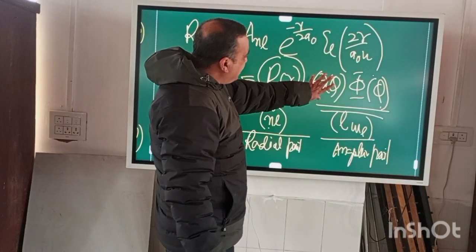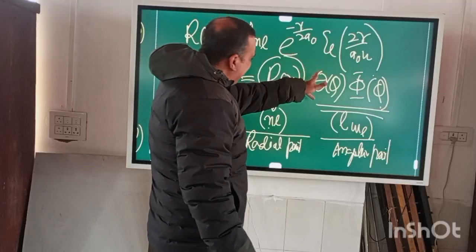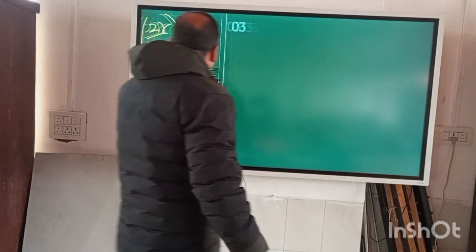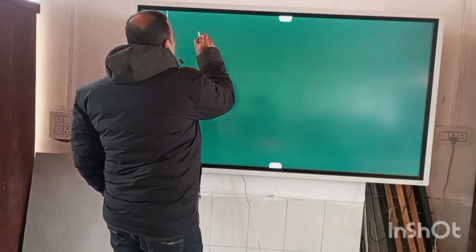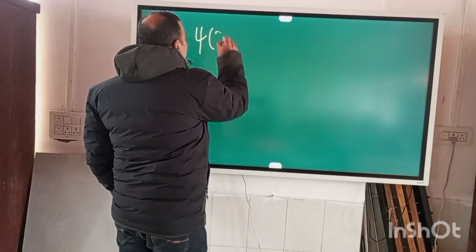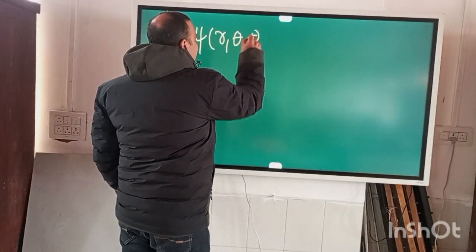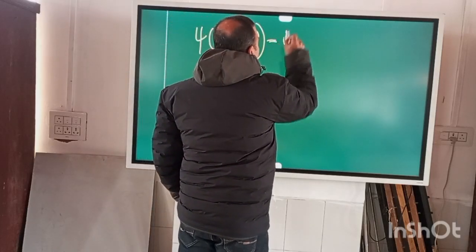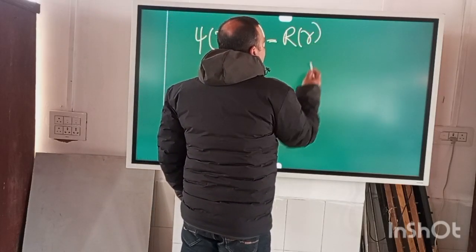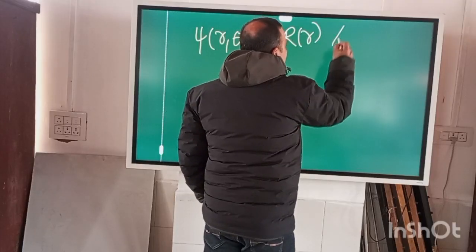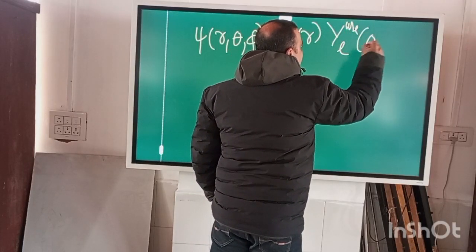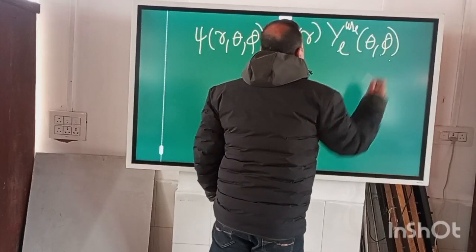This angular part can be written down as a single spherical harmonic. So I can write psi of r, theta, and phi as R of r times Y_l,m_l of theta and phi.